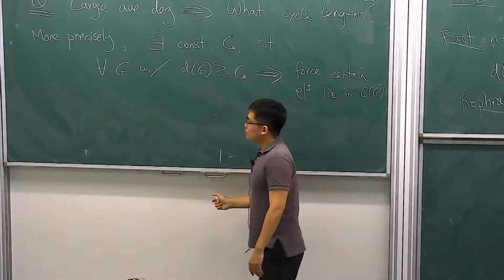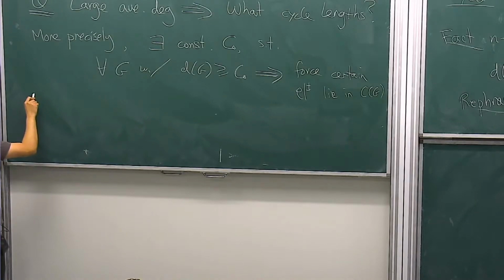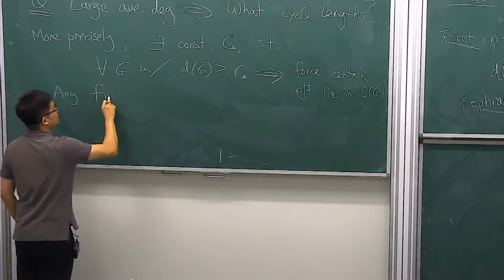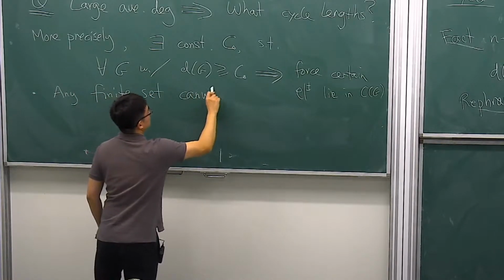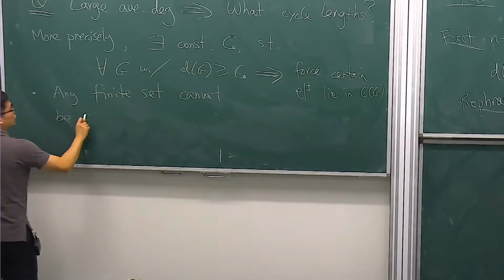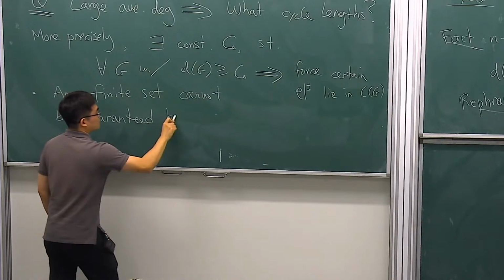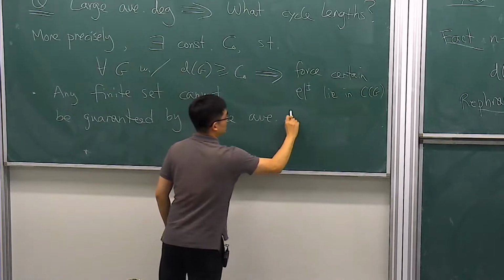So, we have to start with the negative news, right? Let's pick a singleton. You pick your favorite number, 2020. We cannot force this number, right? Any number, in fact any finite set, cannot be guaranteed by large average degree.